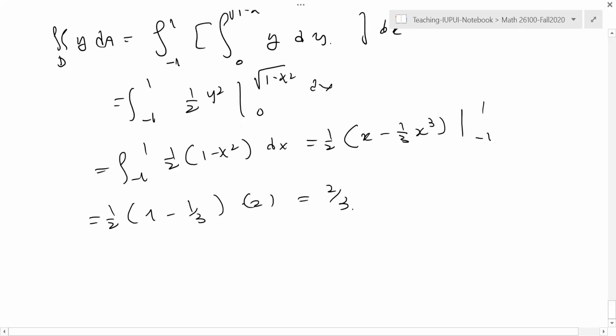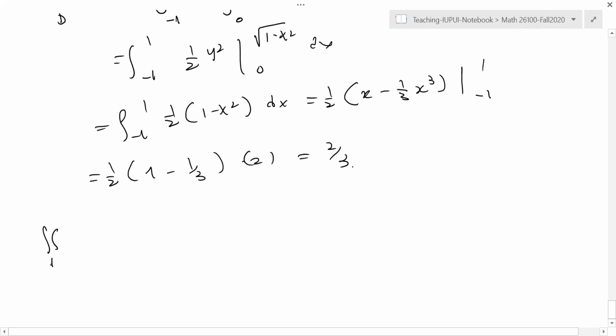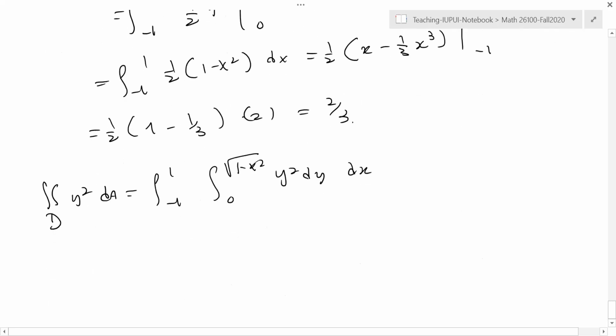So the other one I needed to evaluate is the integral of y squared. Now be careful, right? If you still want to use this iterative integral, then you're going to have trouble. Why? Watch out. This is 1/3 of y cubed, and you're not able to get rid of the radical.